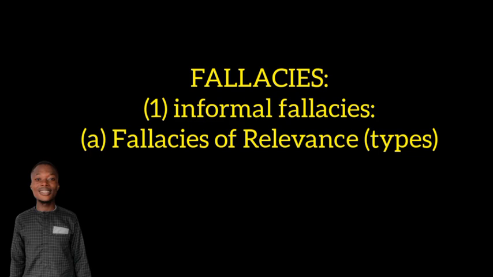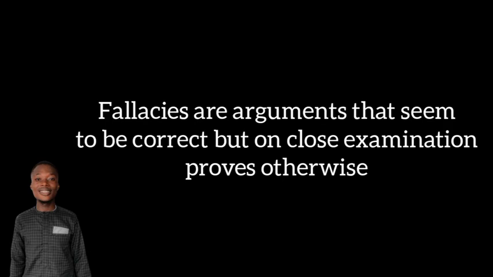We are still on critical thinking, and we'll be talking on fallacy, the two broad divisions of fallacy, concentrating on the informal fallacies and every aspect under it. Now, a fallacy is that type of argument that seems to be correct, but which on a second look turns out not to be correct.